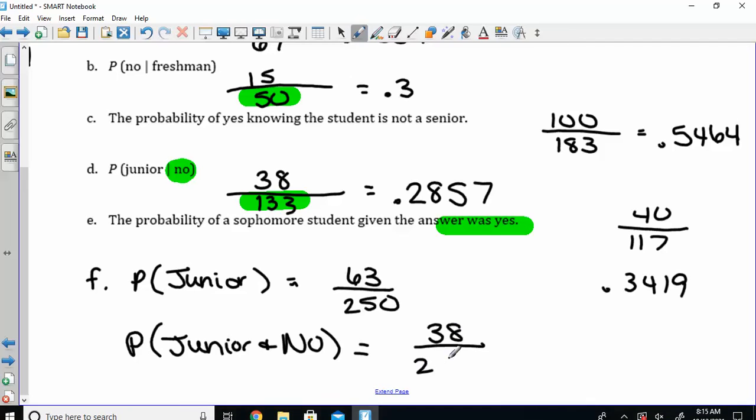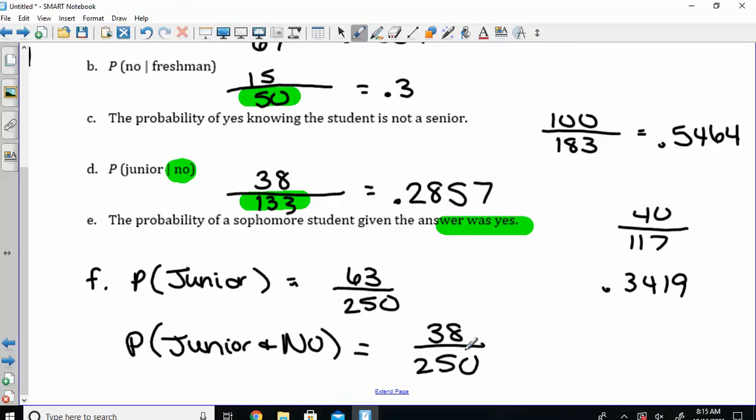Did I give you a condition there? So it's still out of everybody. Do you guys see the difference when it's out of everybody and when it's not? It's when you have that condition, that vertical bar, that given piece, that you are no longer looking at everything, just that part. If I don't give you that given, then you are out of the entire group.